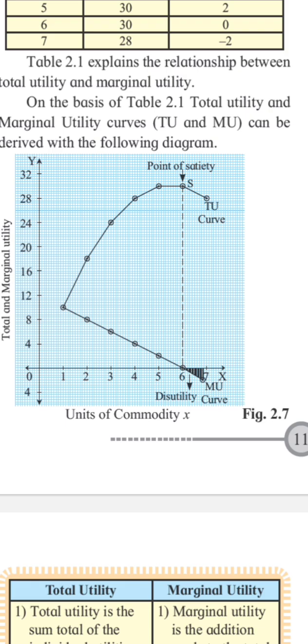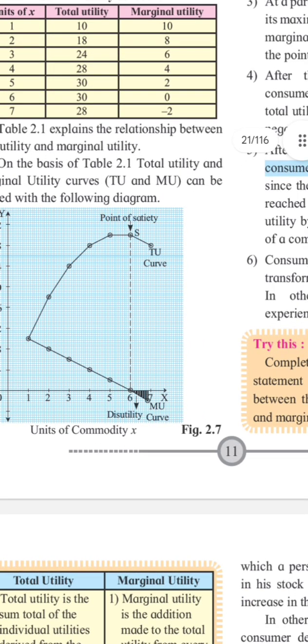This is called the point of satiety. Now beyond the point of satiety, total utility starts falling, and marginal utility becomes negative. You can see here the disutility area at 6 and 7, in between. So total utility decreases, marginal utility becomes negative.